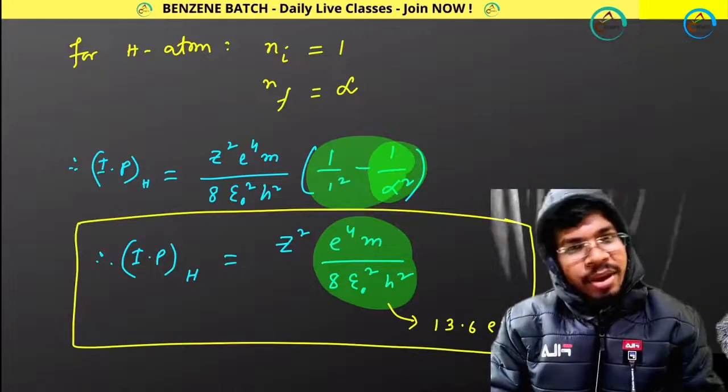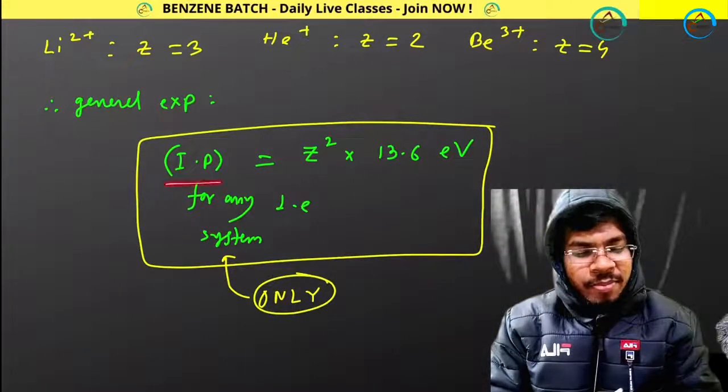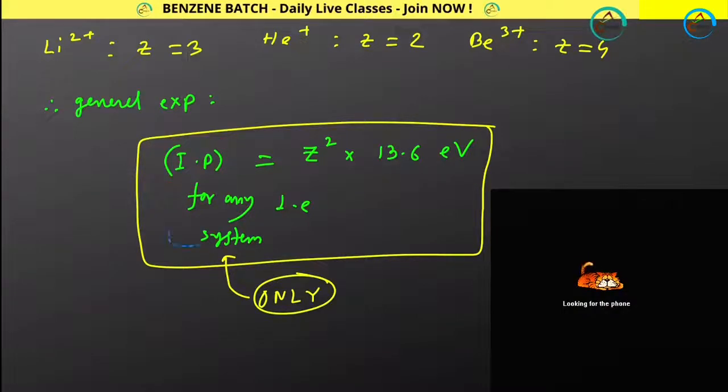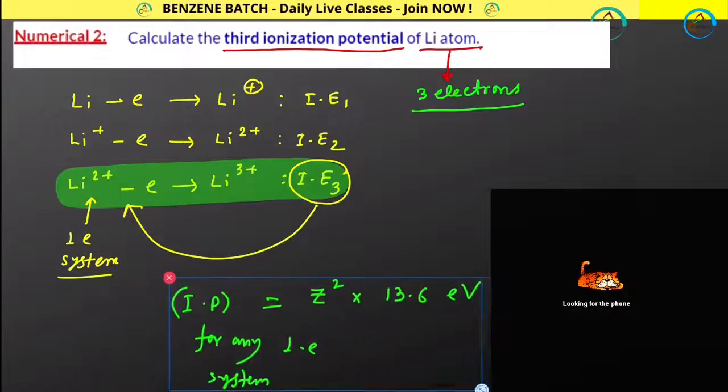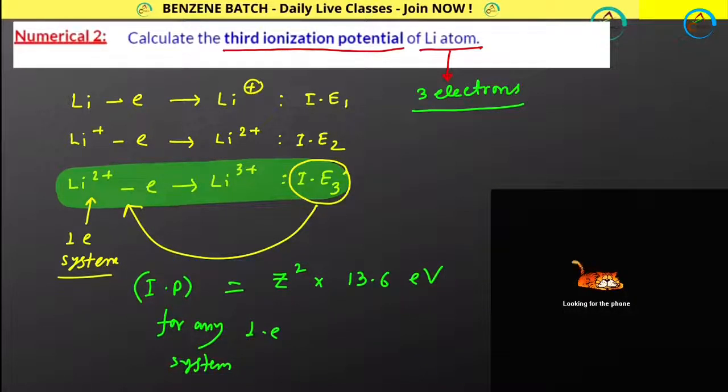Okay, so I will be using simply this expression. Let me copy it. So this expression, the ionization potential for any one electron system, will be this. That would be the correct expression.